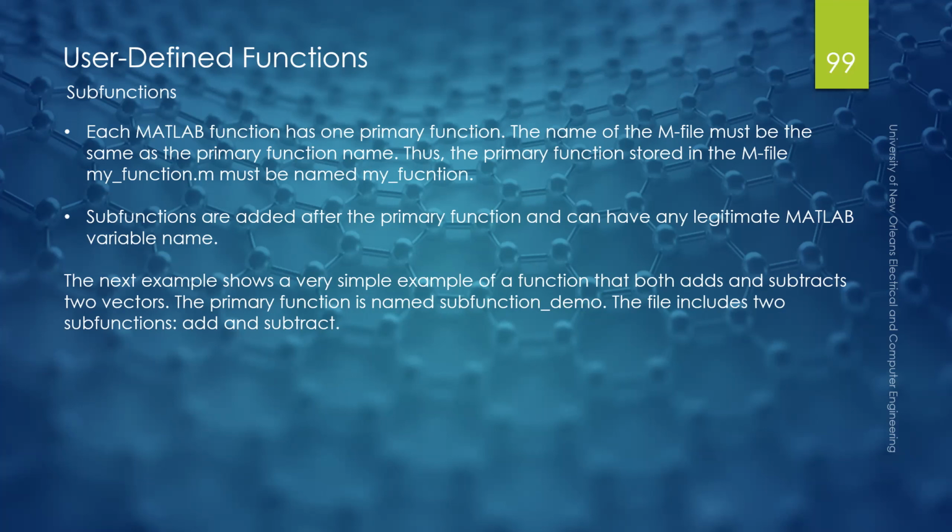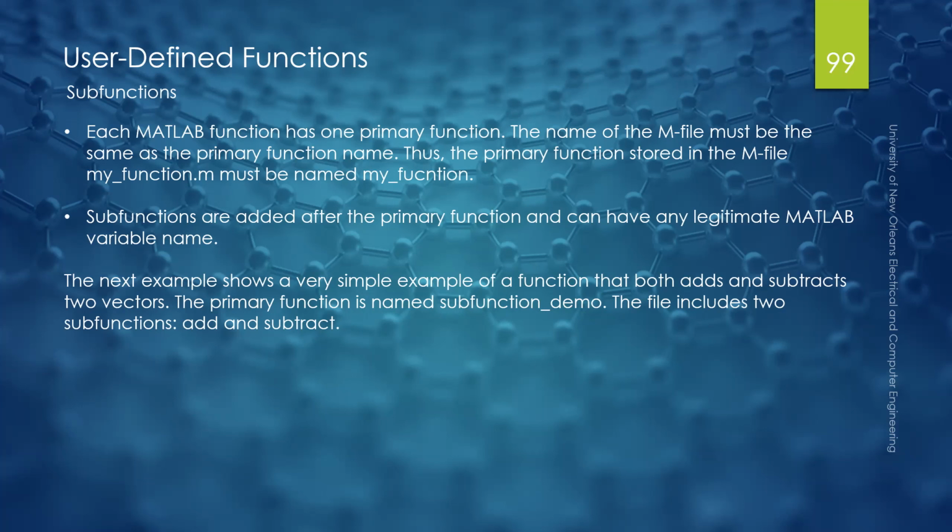Anyhow, subfunctions are added after the primary function and can have any name that a variable name in MATLAB can use. So in the next example, we'll see a very simple example of a function that adds and subtracts two vectors at the same time.